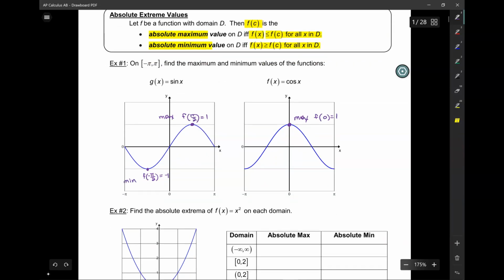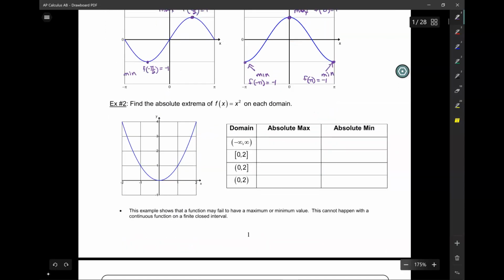And then for the minimum, look, we have two minima here. It's f of pi equal to negative 1 and f of negative pi equal to negative 1. Okay?